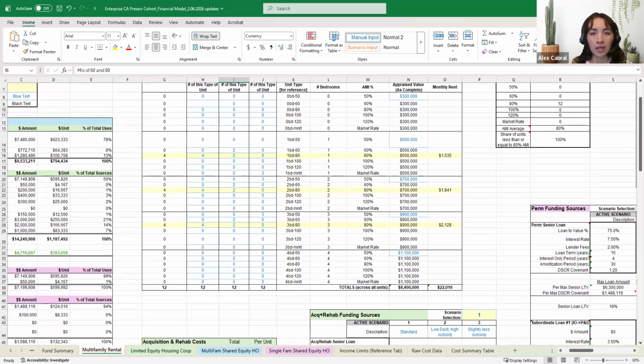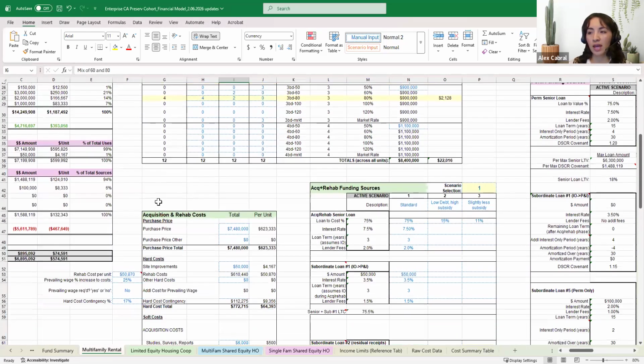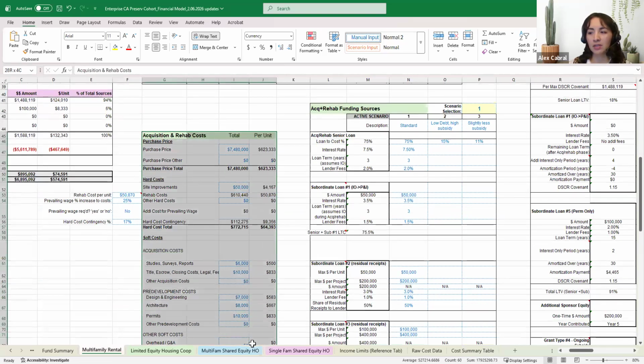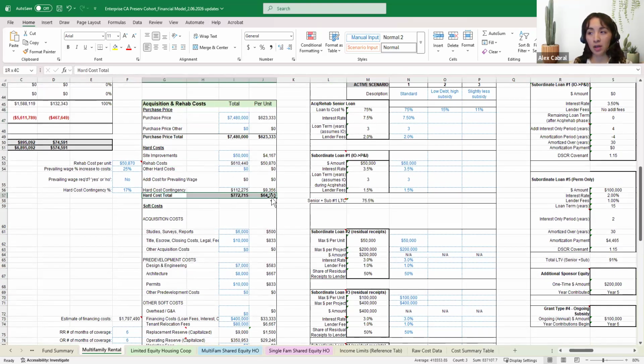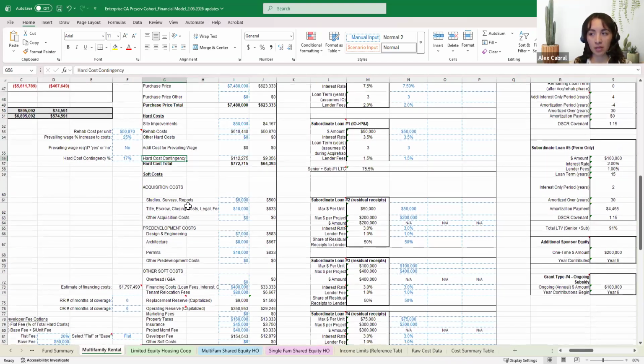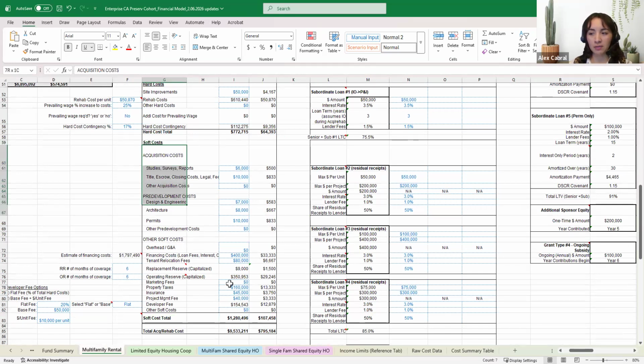Okay, next we're going down to the acquisition rehab cost table. This table represents the costs that the project will incur during the acquisition and rehab phase, and it is split between hard costs, which includes purchase price and other hard costs, and soft costs.